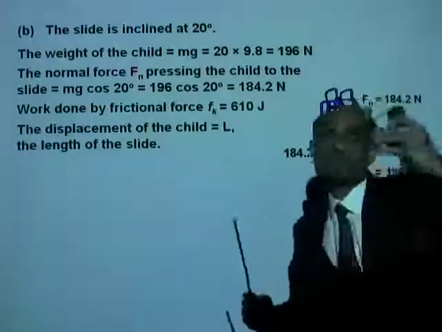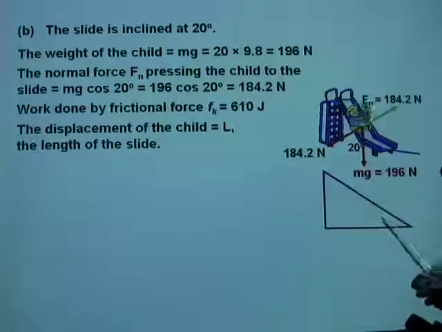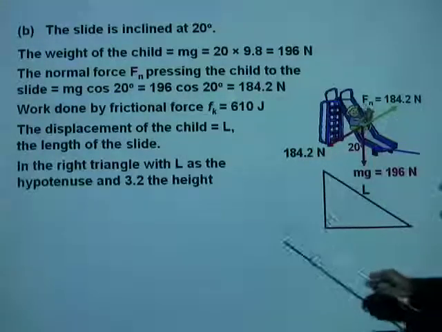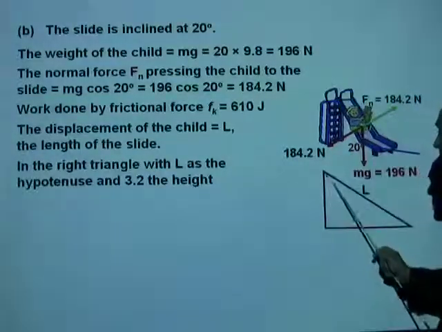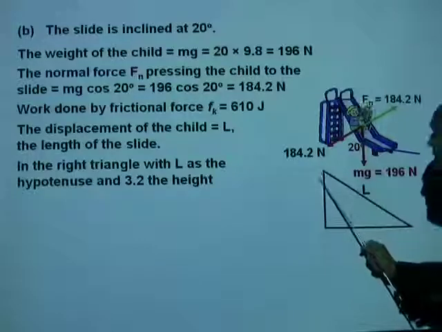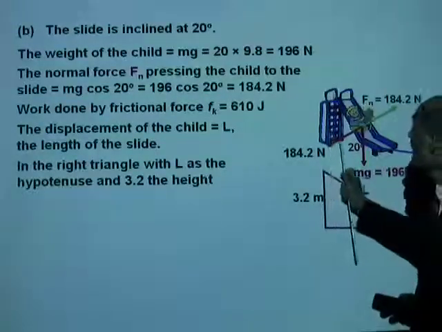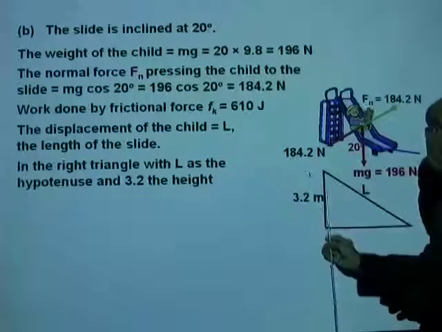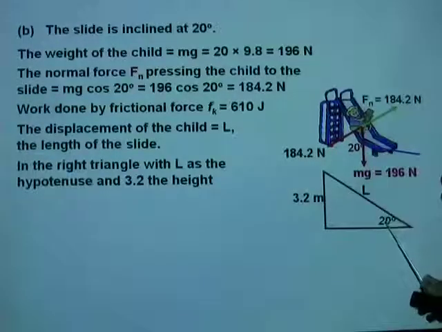Well, opposite, of course. So, if I draw this triangle, the hypotenuse is the length of the slide. In the right triangle, L is the hypotenuse and 3.2 meter is the height of the slide, and the angle is 20 degrees.